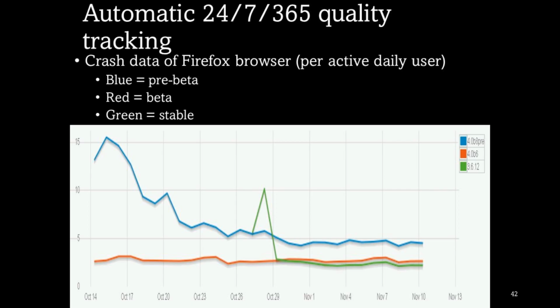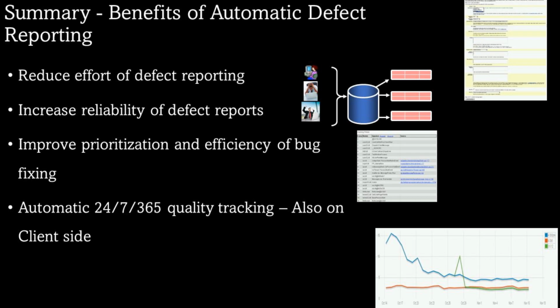To conclude, automatic defect reporting offers several key benefits. First, reduced effort in defect reporting. Automated systems eliminate the need for users to manually fill out lengthy forms, making defect reporting more efficient and user-friendly. Second, increased reliability of defect reports. Automation ensures that the information captured is accurate and consistent, reducing human error and variability.